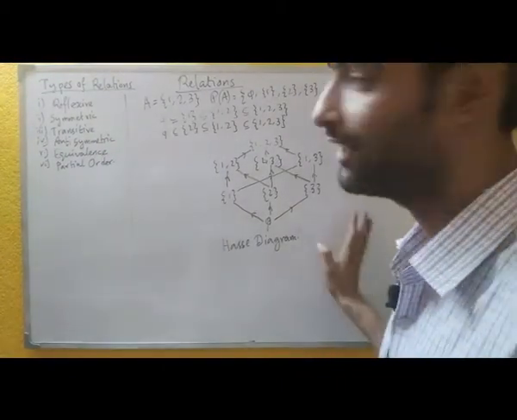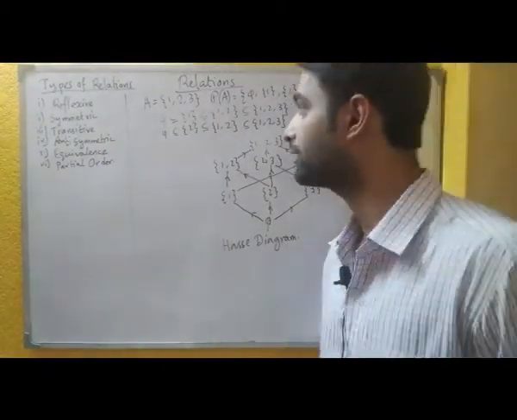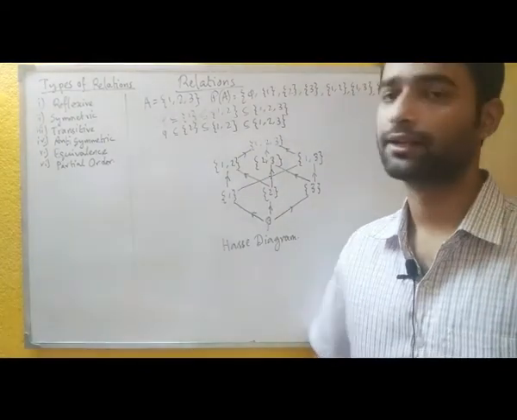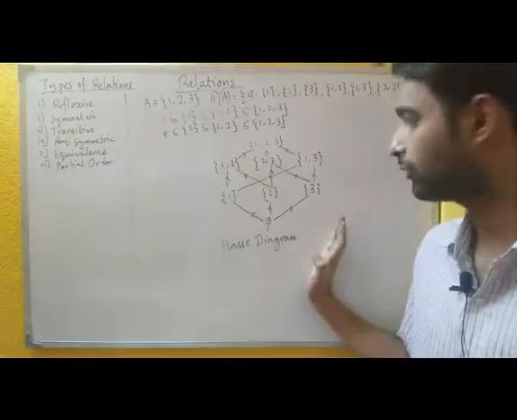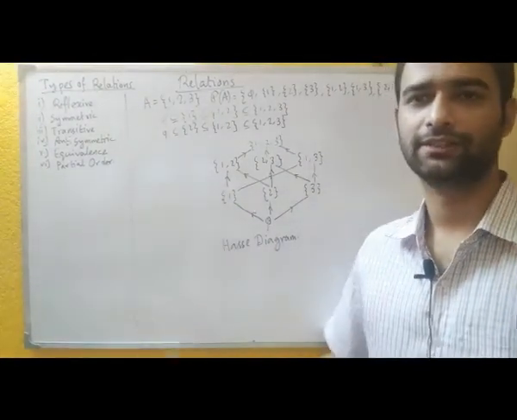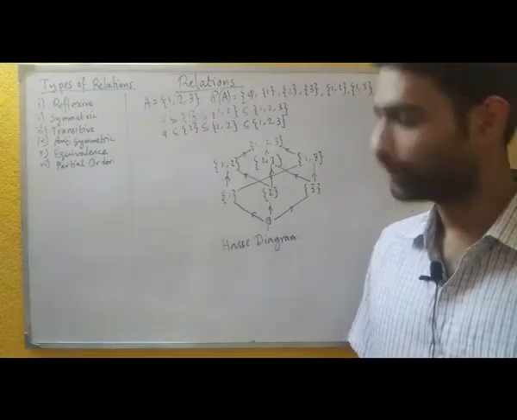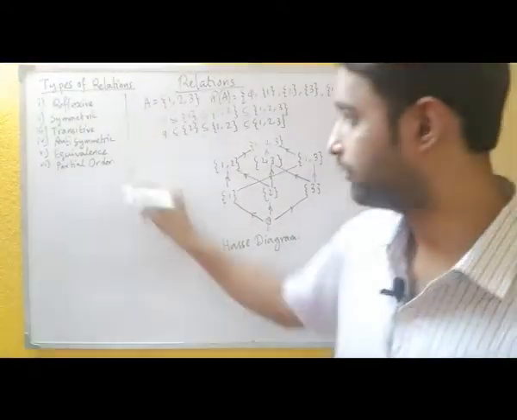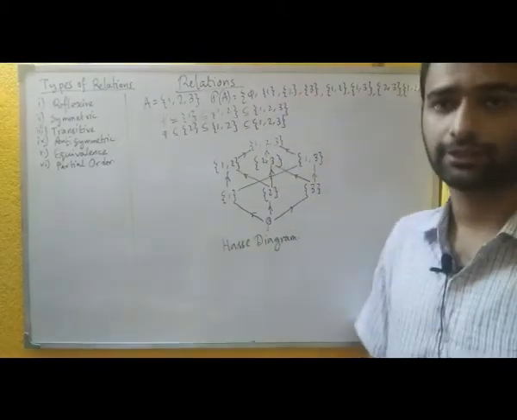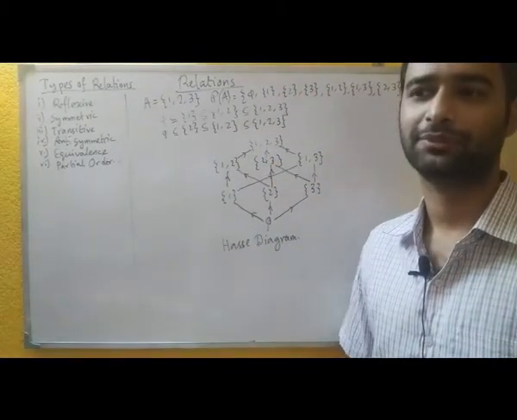So let us stop here and finish the video. We have covered all the topics in relations that are in our syllabus, and some topics like the Hasse diagram which are out of our syllabus, but it is interesting to know. One thing I would like to say is that partial order relation and antisymmetric relation are not in our syllabus.